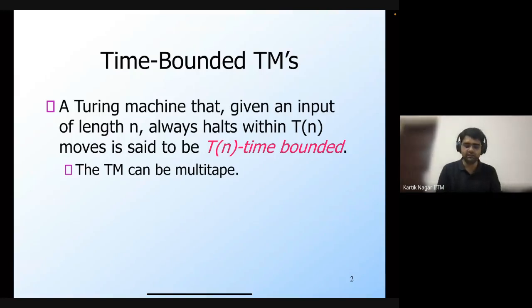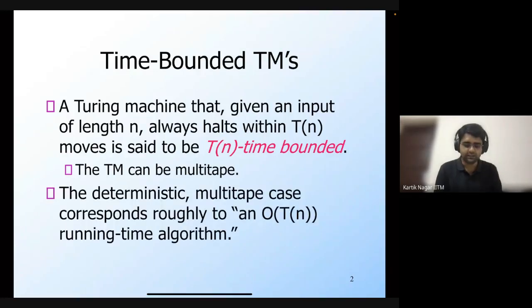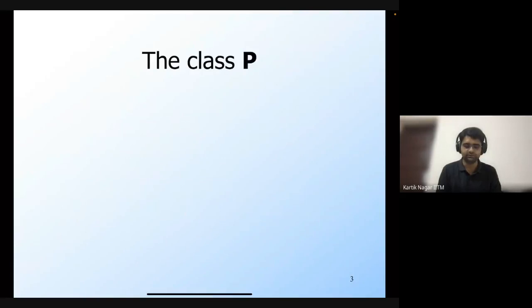That's why we allow this Turing machine to be multi-tape. So the deterministic multi-tape case roughly corresponds to an order of T(n) running time algorithm. If you can come up with a T(n) time-bounded Turing machine for some problem, then you basically have an order of T(n) running time algorithm for that problem.